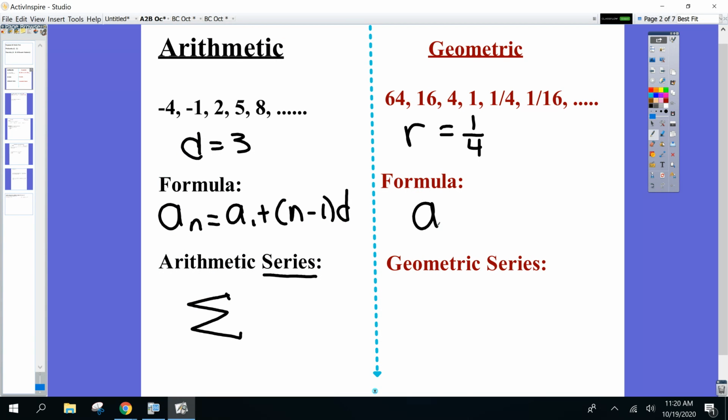A sub n equals A1 times r to the n minus 1. Okay, where'd you find that? Right below arithmetic. It's on your formula sheet. Just trying to stress you don't have to memorize it, but you do need to know how to use it. All good? And then the last part up here, that's what I have to show you today, is we're going to add up all the terms in a geometric series, but not make a sigma anymore.